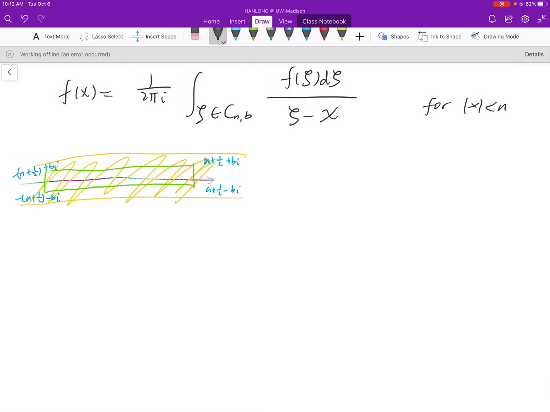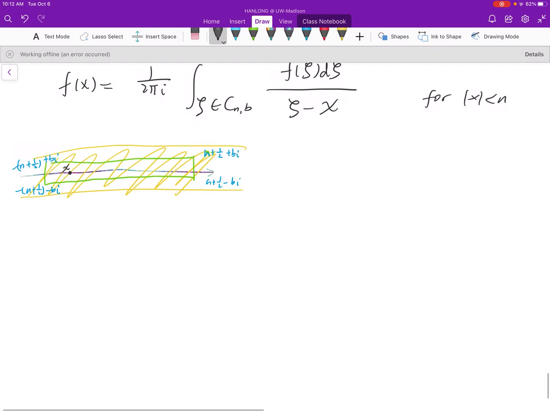And x, you assume, is less than n, therefore it's inside. So this is the usual Cauchy integral formula.